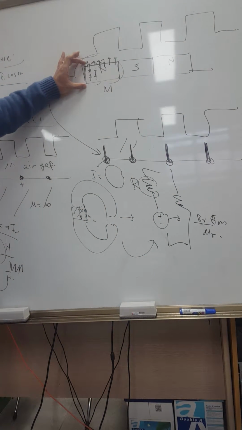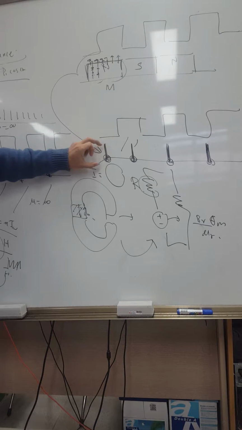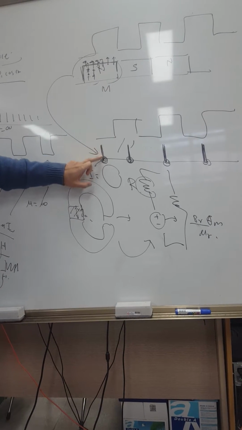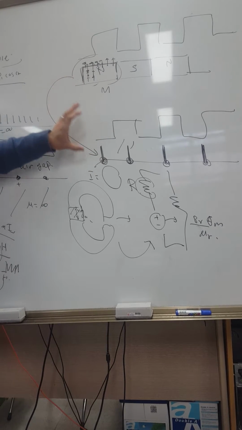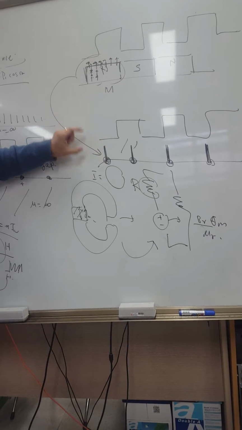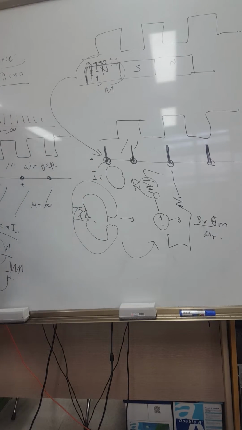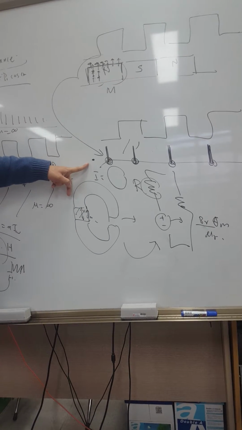If the magnet is replaced by the surface current density, it would be right. But this one is simplified, just a single current carrying conductor.